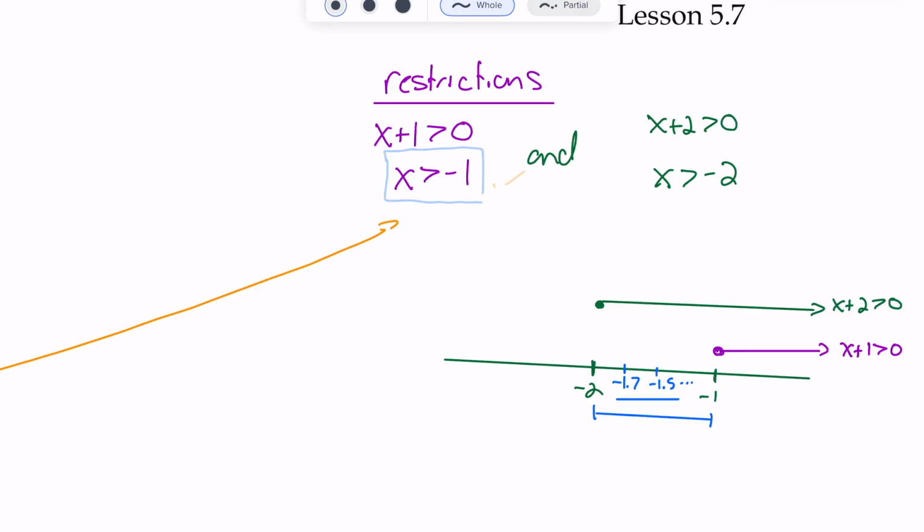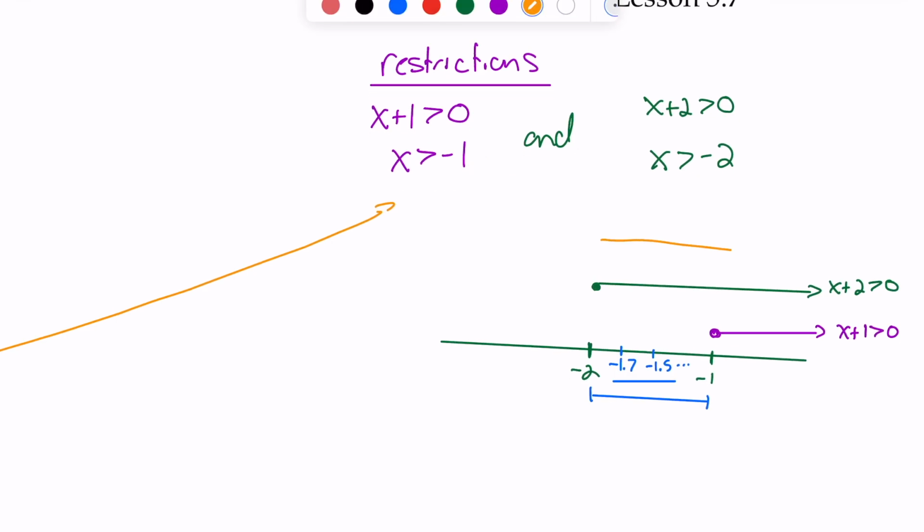Because both of these restrictions are pointing in the same direction, both going larger than their negatives, you go to the one that is more dominant, the one that is more to the right. So this one right here would be the governing restriction, the one that would satisfy both constraints.